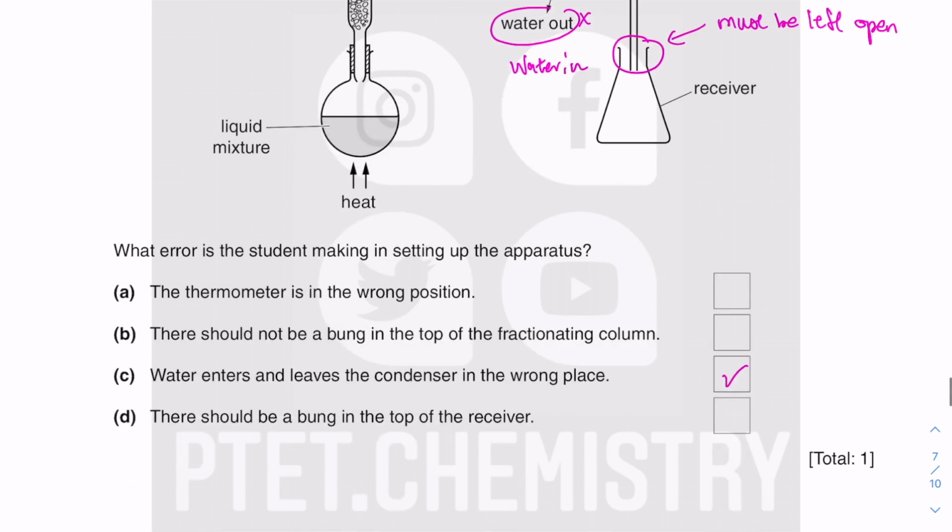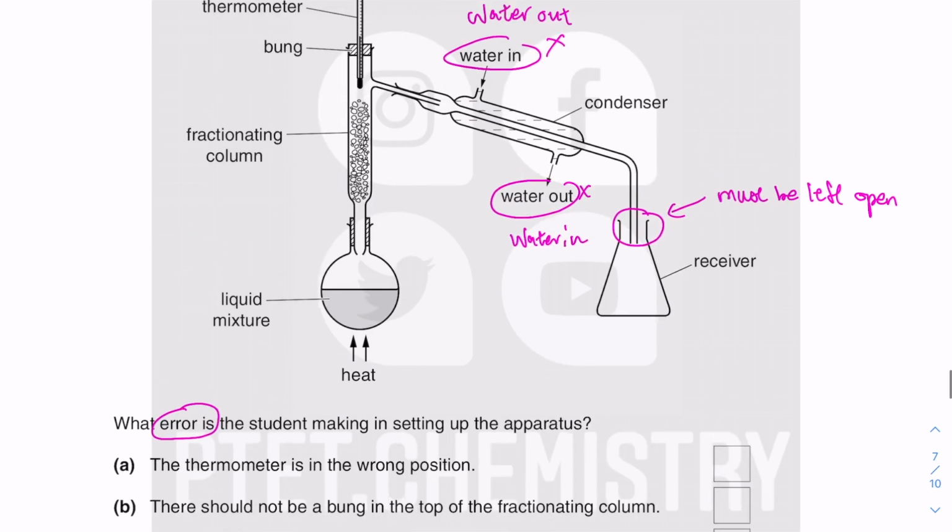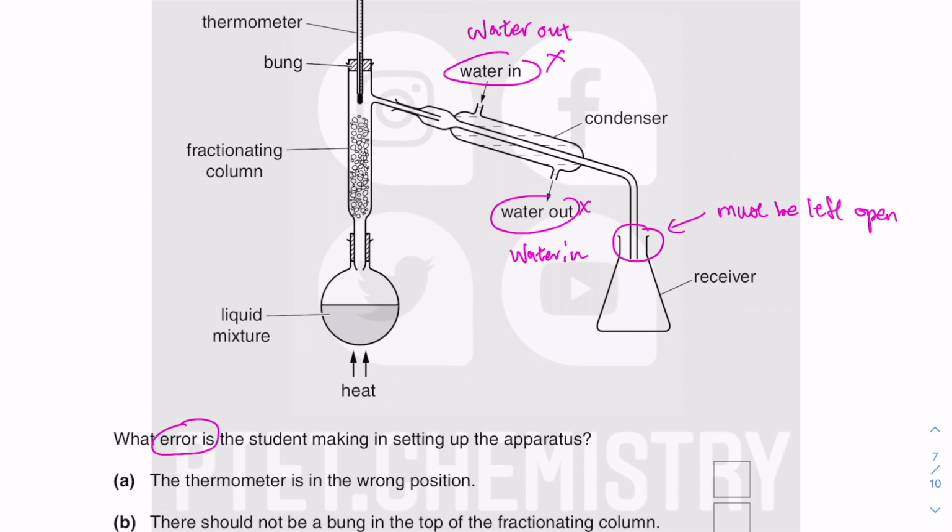But it's just asking what error the student is making. So there's just one error here, based on the singular spelling of the error that they are saying specifically in the question. That's to do with the water being in at the bottom and water out from the top. This is error number 1 that a lot of students will make.